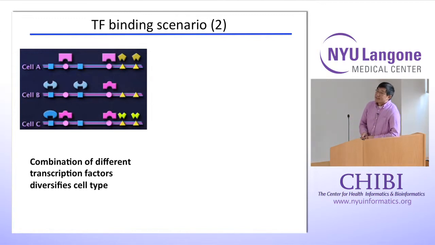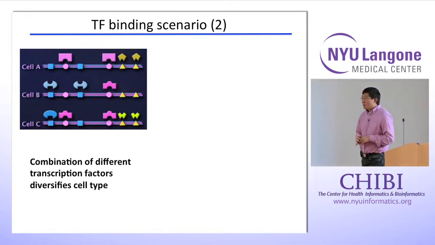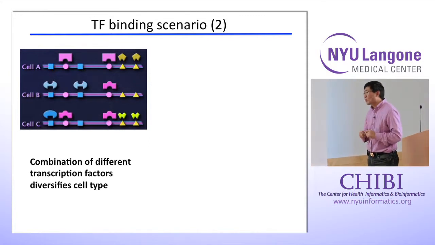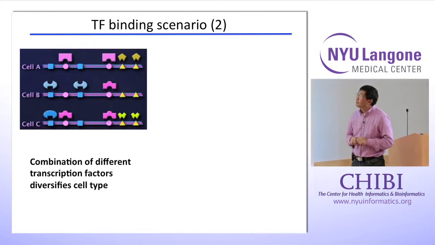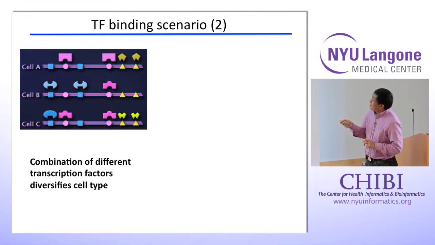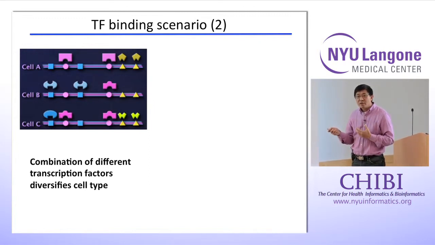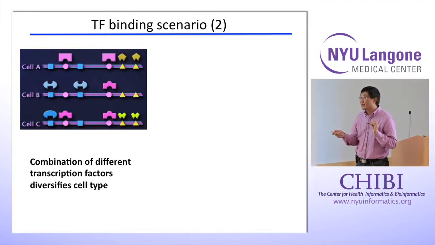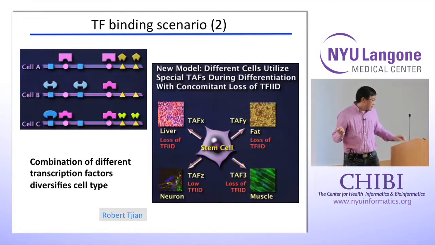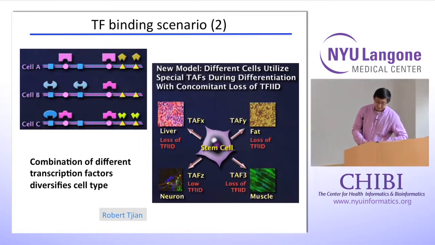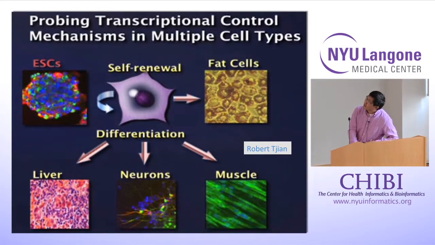So the second scenario is on the system level. How does this transcription factor bind? Transcription factors tend to work together in different combinations to make different cells. This is from Robert Chen's presentation.